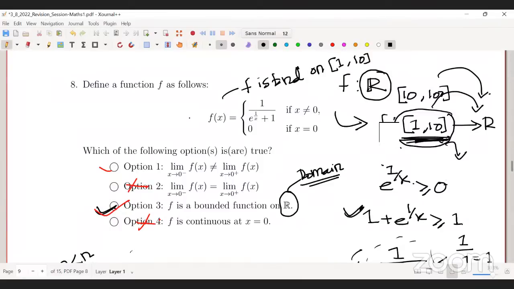Then it is basically saying whether this range of the function with respect to this domain is bounded. So for option 3, it is asking whether the range of the function with respect to domain R is bounded or not.